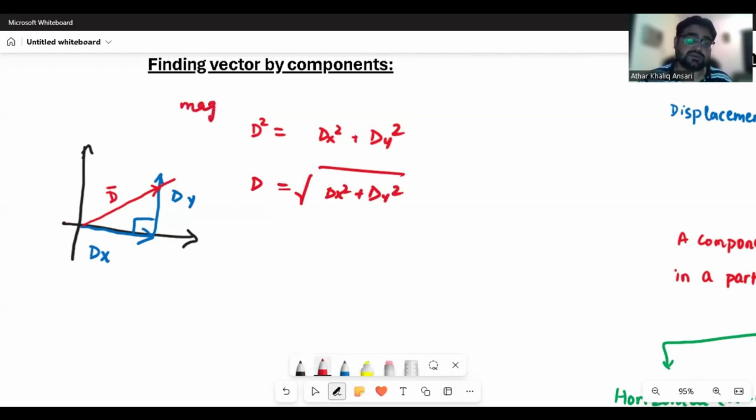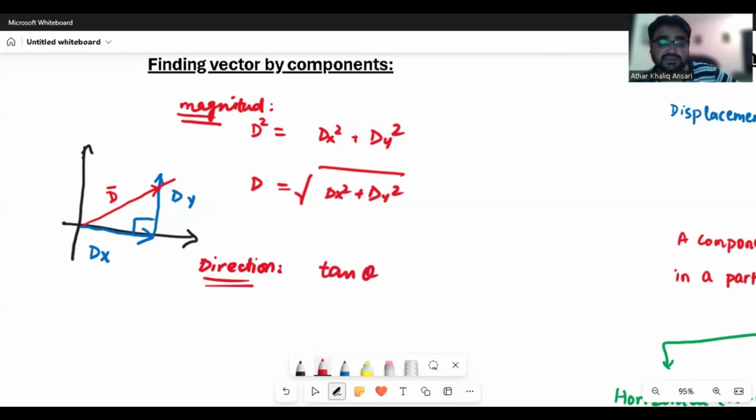Any vector has two things, magnitude and direction. As you see in this triangle, we have horizontal, adjacent and opposite. So we will use tan theta to find the direction, and tan theta is opposite over adjacent, dy over dx. So theta is equal to tan inverse dy over dx.